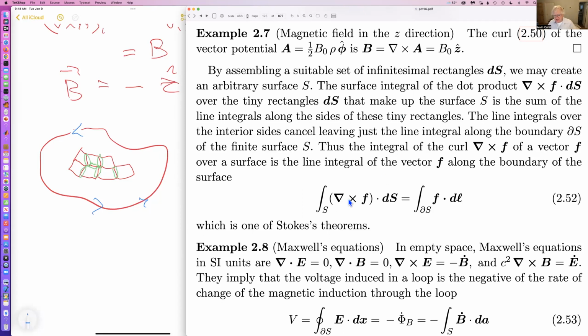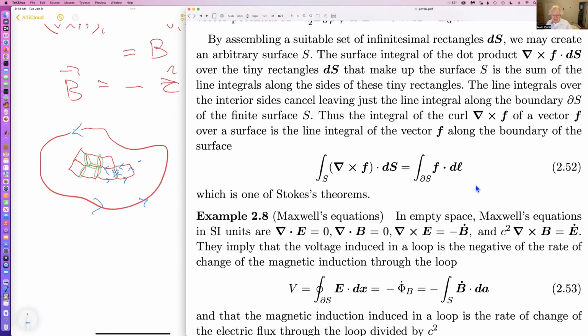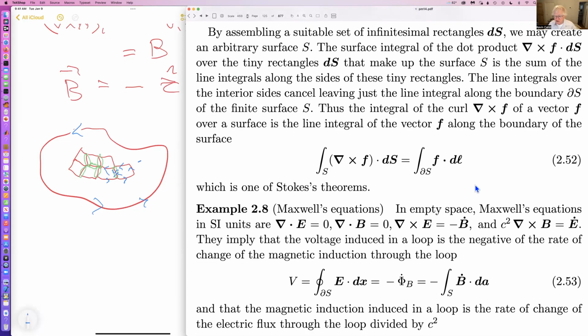So what this says is the integral of the curl of F over the surface is the same thing as the integral of the function F around the perimeter, the total boundary of the surface. What we were doing was adding up a bunch of little integrals, but here they just cancel. And so what one gets is another one of Stokes's theorems.